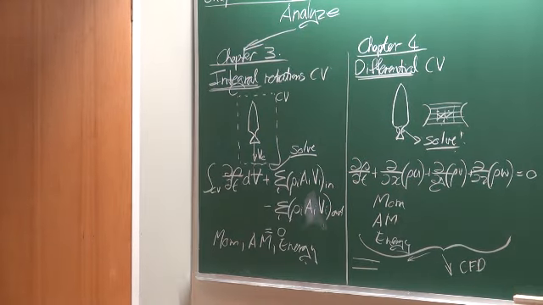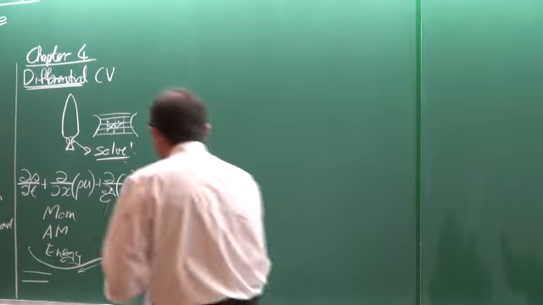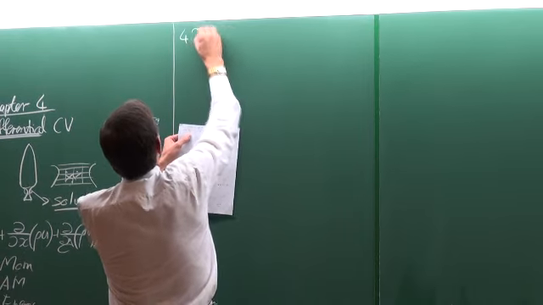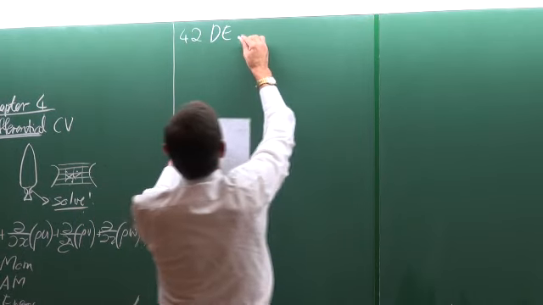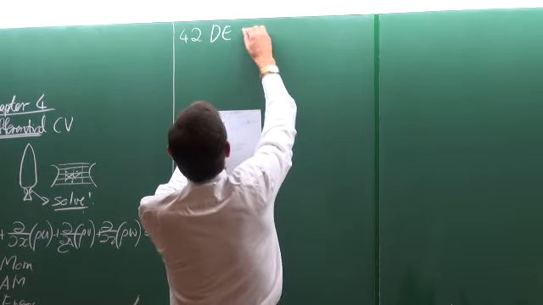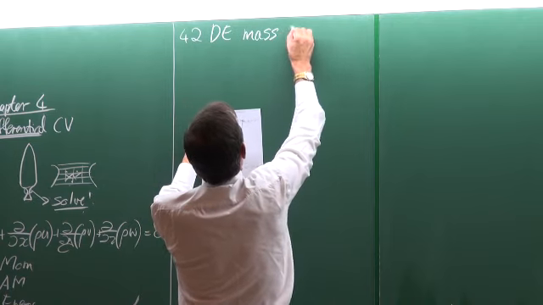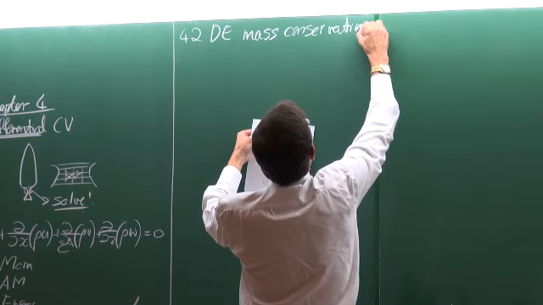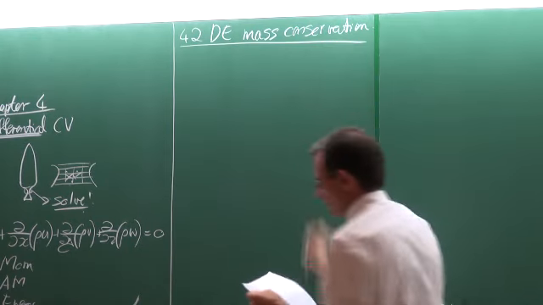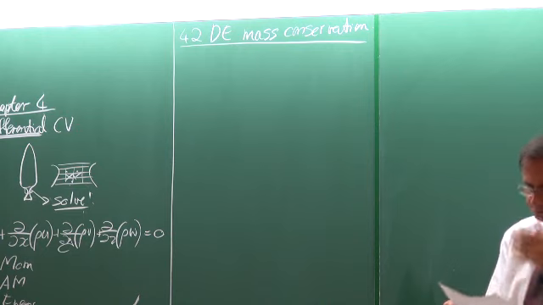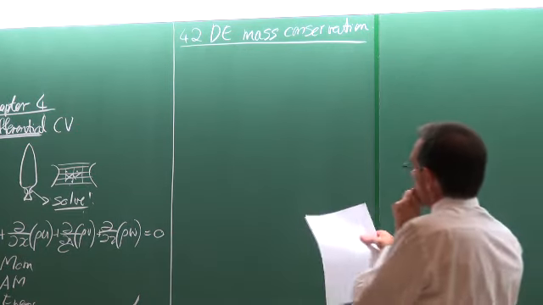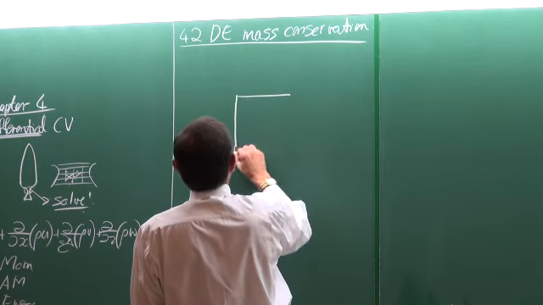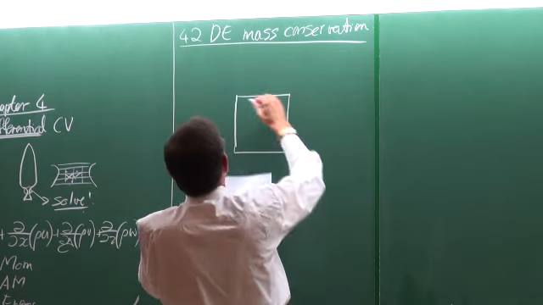Right. So let's start with, in your textbook specifically, paragraph 4.2, which is the differential equations for mass conservation. And we do that by considering a control volume.